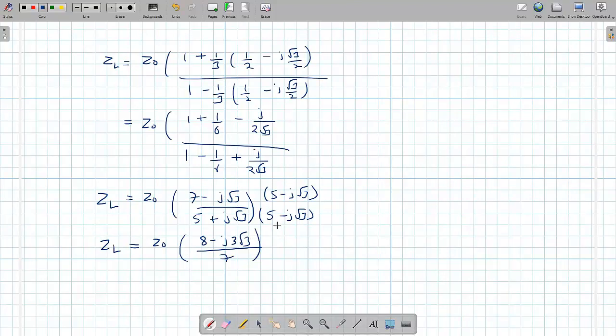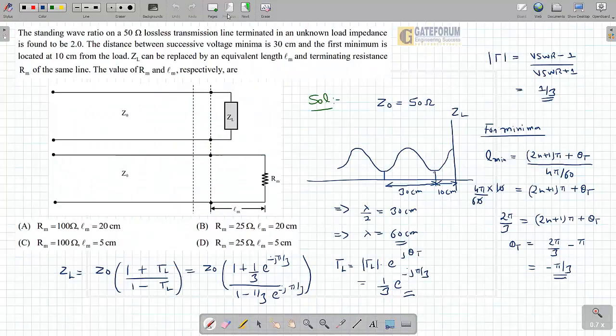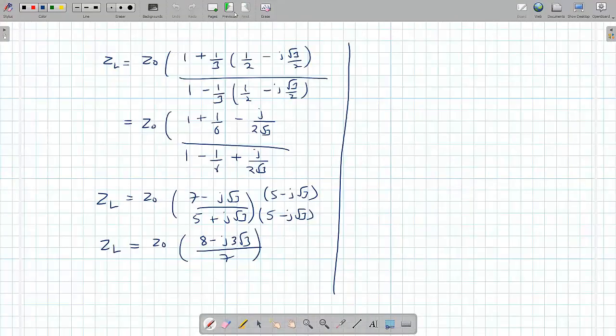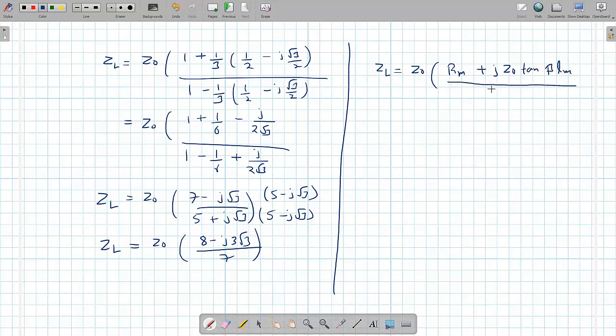So I can get this. Now I want an equivalent: if I have the load resistance Rn and the length Ln, here I can use the impedance transformation equation. I can write ZL equal to Z0 times (Rn plus j Z0 tan beta Ln) upon (Z0 plus j Rn tan beta Ln).